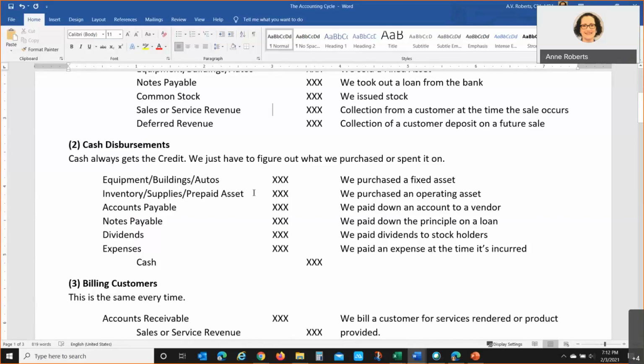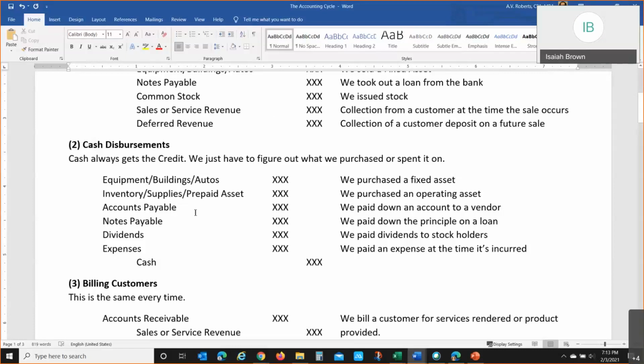And then as we use them, for rent, as we occupy that space, it comes out of the prepaid asset and goes into rent expense. As we use up the prepaid insurance, it becomes insurance expense. As we use up the prepaid advertising, it becomes advertising expense. So that's what she's talking about.